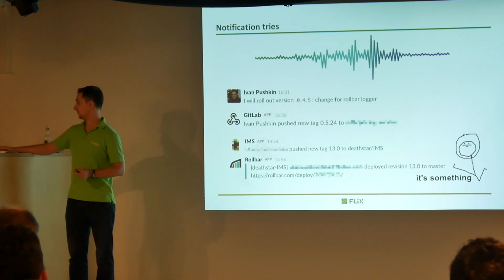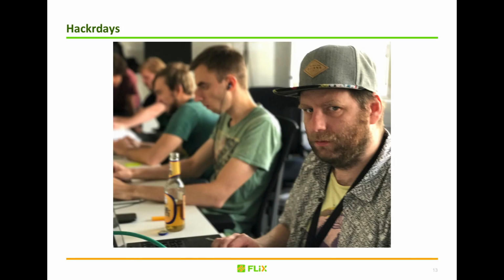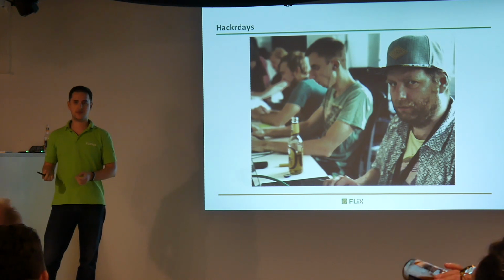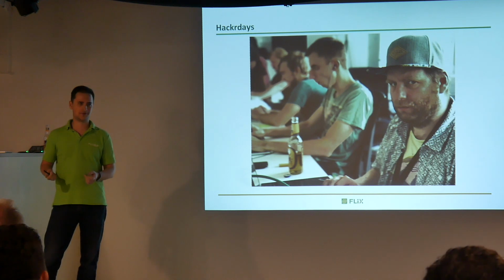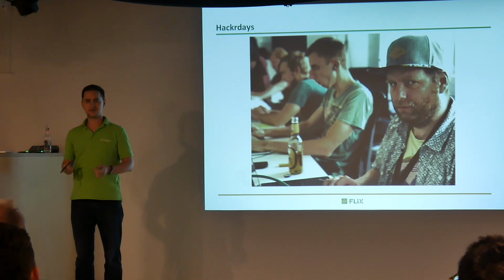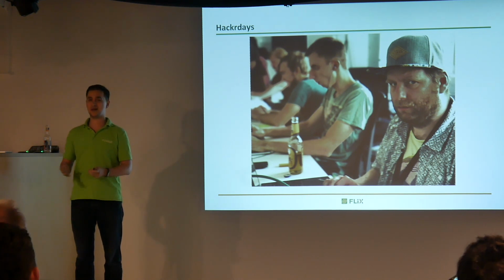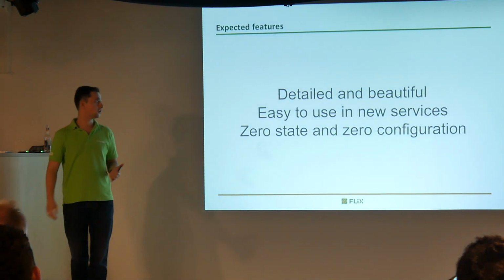So fortunately, we have Hacker Days. Hacker Days are 2-day hackathons every 2 months when we can choose a project and work on everything we can. And I tried to use Hacker Days to solve this problem, to make something that pushes deployment notifications to Slack and has these 3 features.